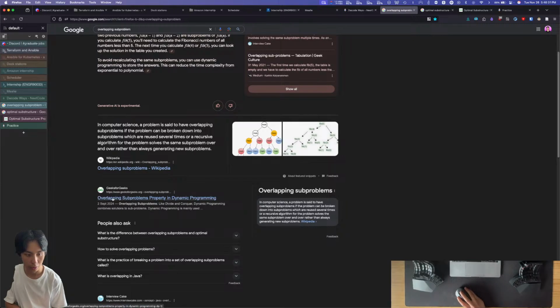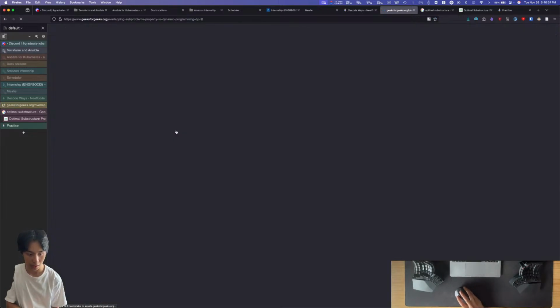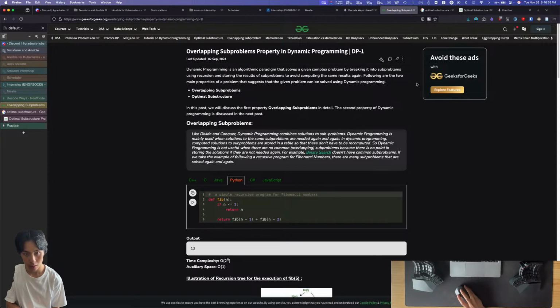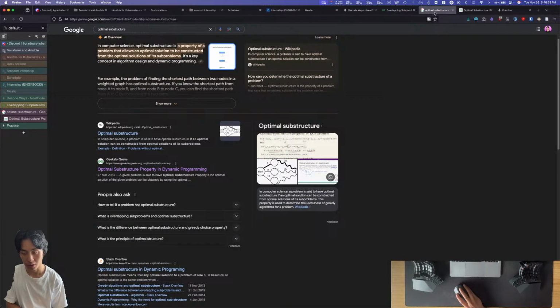Pretty good. Now, there is also an overlapping subproblems property from Geeks for Geeks.